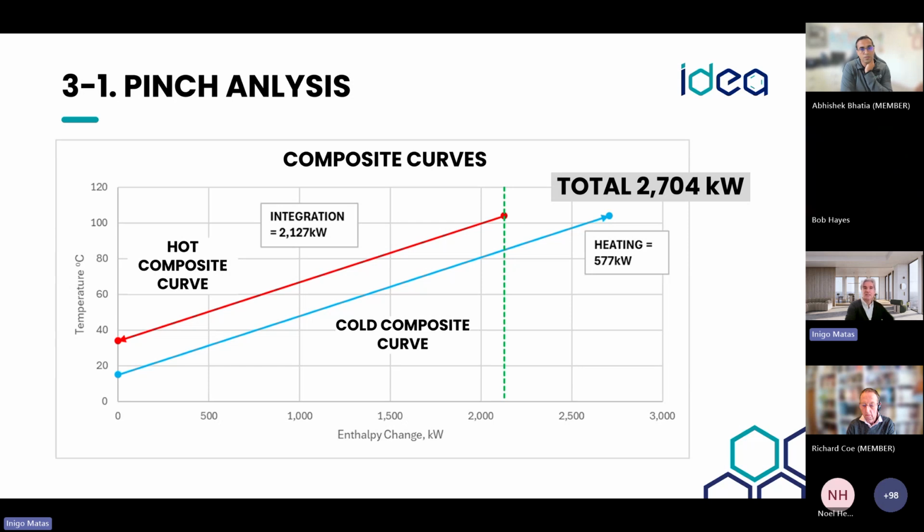In this case, the total heating required is 2,704 kilowatts, but we can overlap both curves and have an integration of 2,127, which leaves us requiring heating for only 577. It's a very good method because it allows us to establish the minimum heating and cooling that the system requires, and it's good to set opportunities and to establish how to implement them.